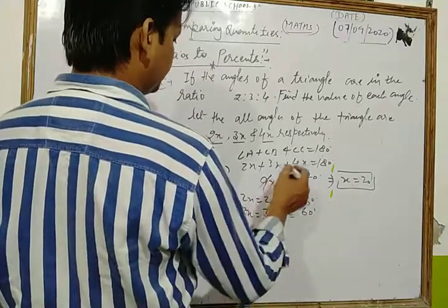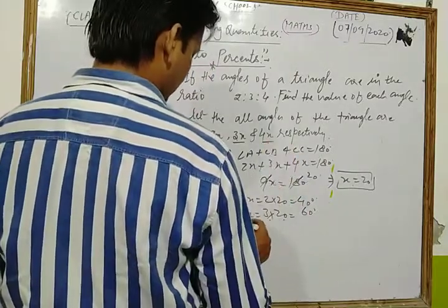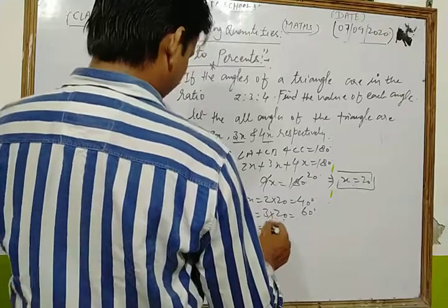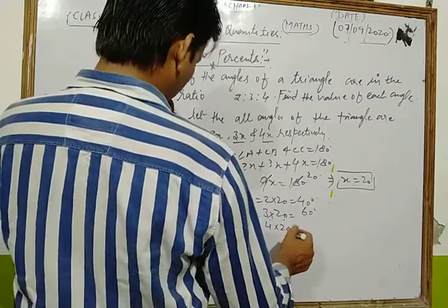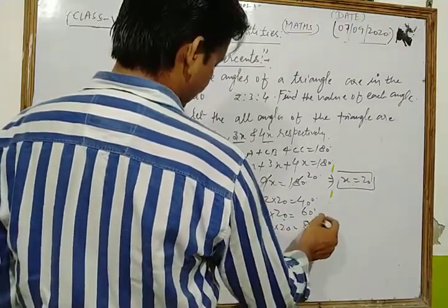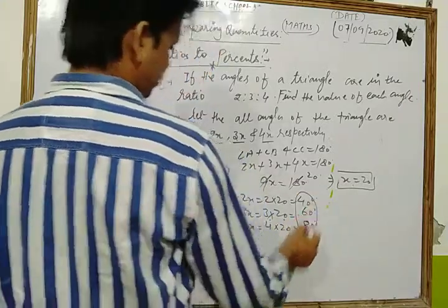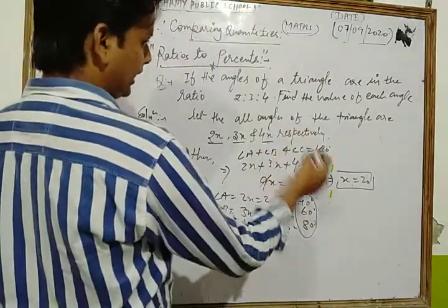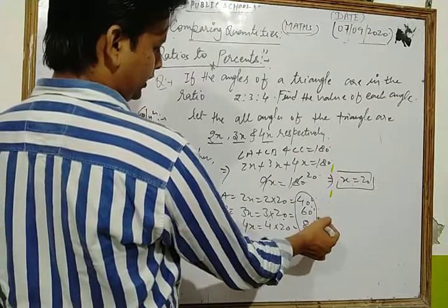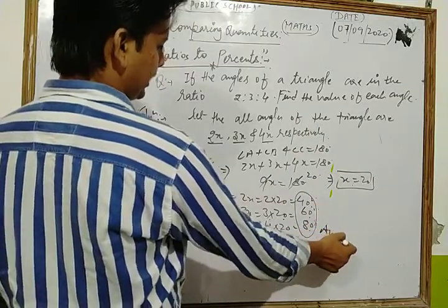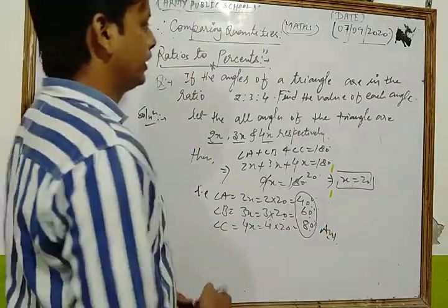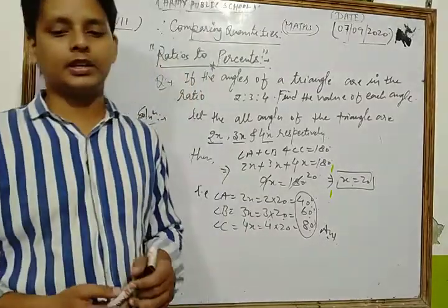Angle C is 4x, which is 4 into 20 equal to 80 degrees. So in this way, the angles of the triangle are 40, 60 and 80 degrees. This is your complete answer. So dear student, in this way you can solve this type of question of your NCERT exercise.